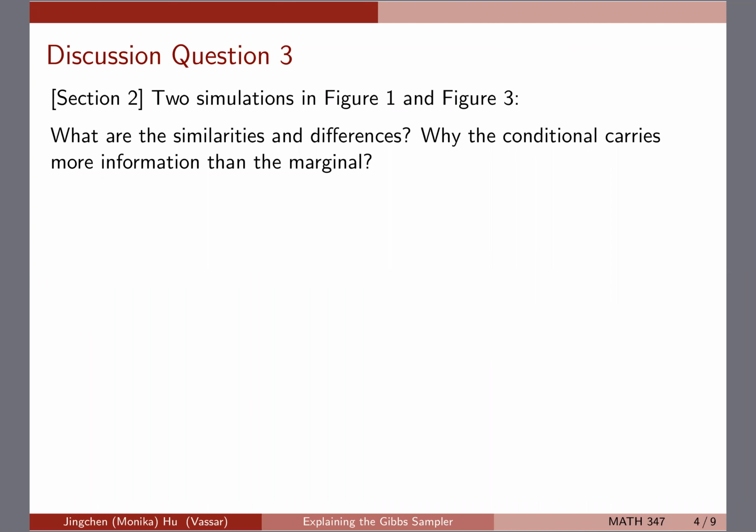So figure 1 and figure 3, they did 2 simulations. And I guess to start off, they have the black and white in their plotting, right? So the white histograms in both of the cases, they are the exact solution. Okay, in a sense that if you go to equation 2.7, you will see this beta binomial.